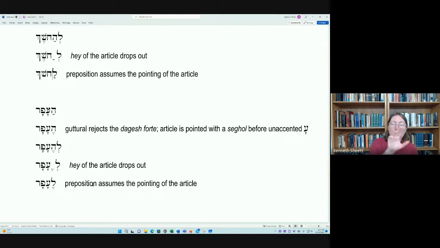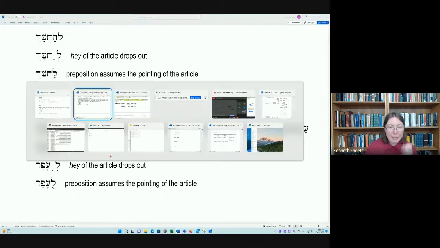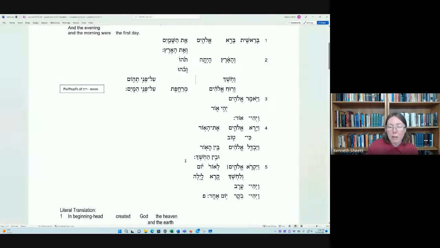The hey of the article is going to drop out, and the preposition will assume the pointing of that particular article. So if you see what appears to be a preposition, but it's not pointed with a vocal schwa, but it is pointed with something that appears to be the pointing of an article, that is what has happened.